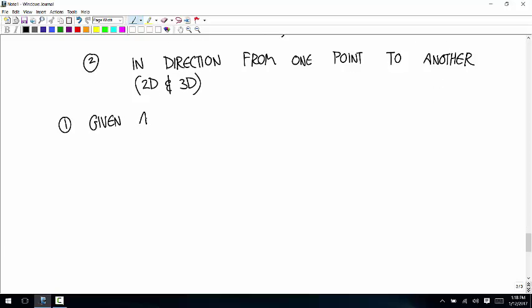Okay, so if the information you're given is angle information, let's say you know that this incline makes a 20-degree angle with the horizontal.